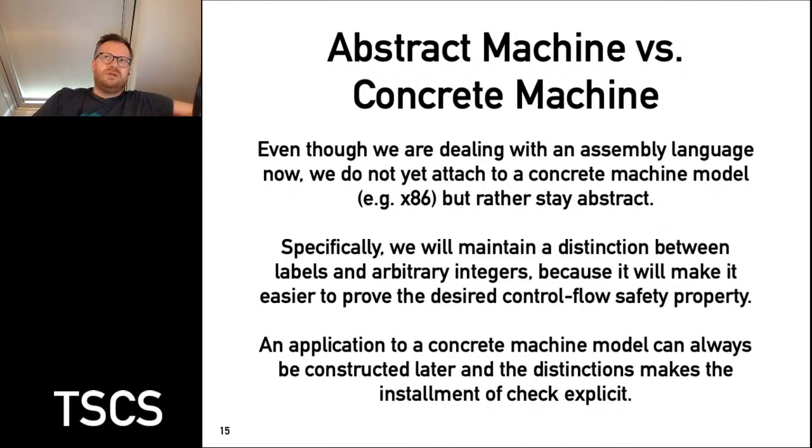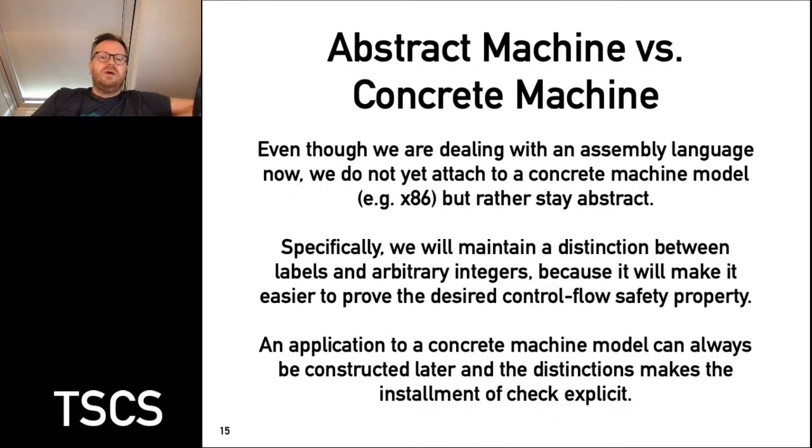Right now we will stick to predefined labels and not arbitrary integers, because it makes it easier to prove at this point. And we can later on exchange it if we would like to. We can do an application to a concrete model always later.